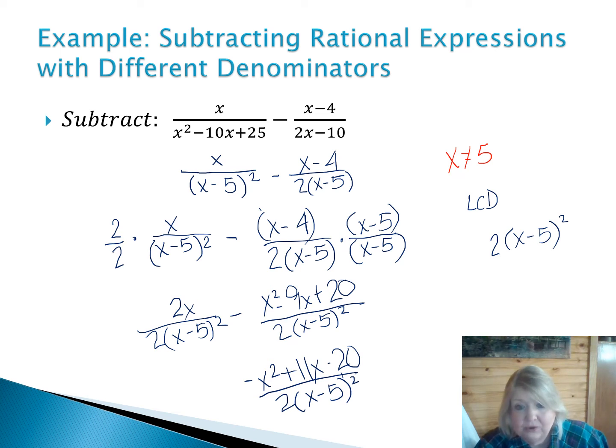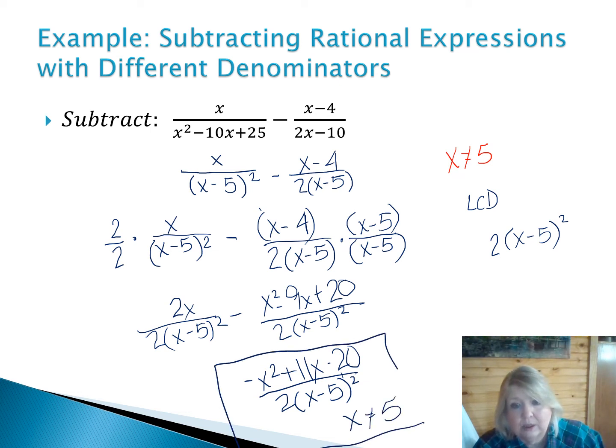But I need factors of 20 that will add together to give me 11. Oh, 5 plus 4 is 9. 2 plus 10 is 12. I can't get an 11, so that's not going to be factorable. So as soon as I tell you my exclusion, I'm ready to box in my answer, because that numerator cannot be factored.